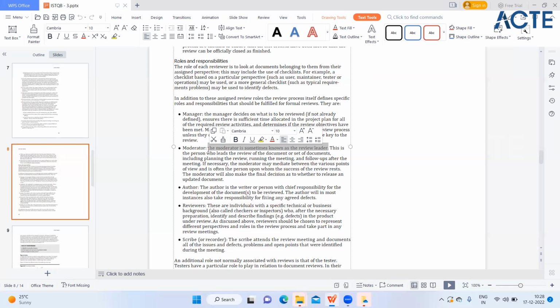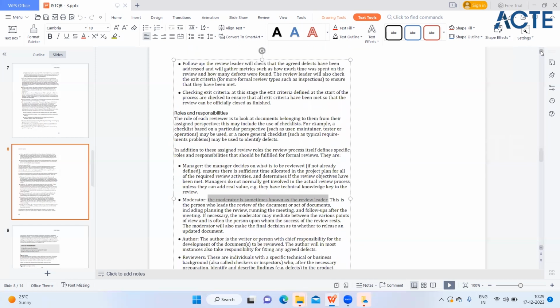So if there is a question, maybe they will provide the word moderator, maybe they will provide the word review leader. Both will be the same. And what the review leader or moderator does, you have to remember this.